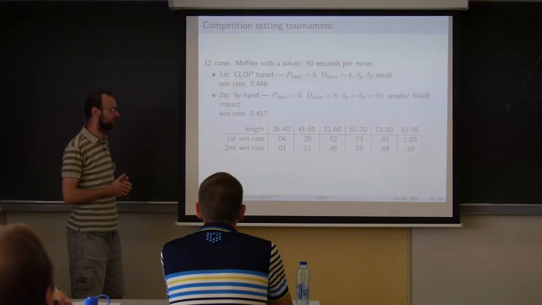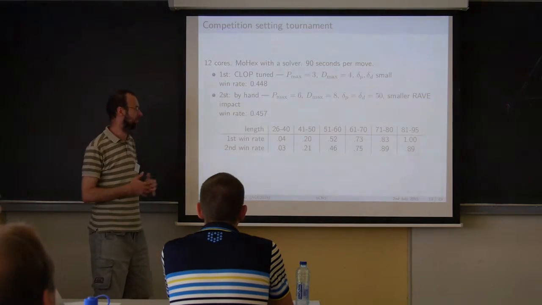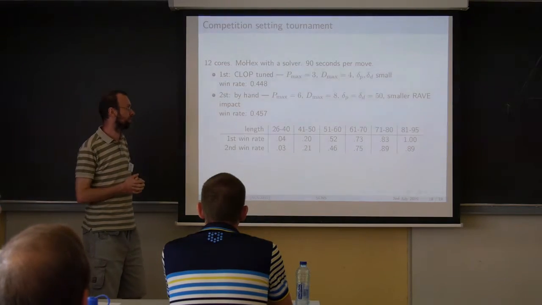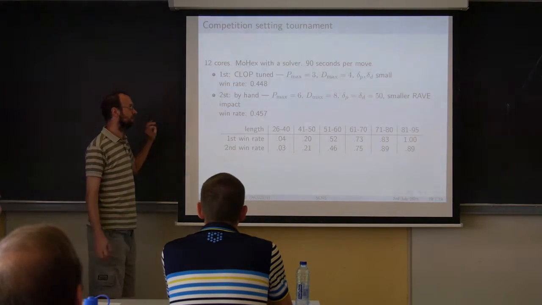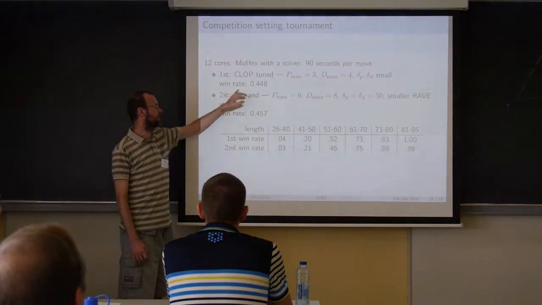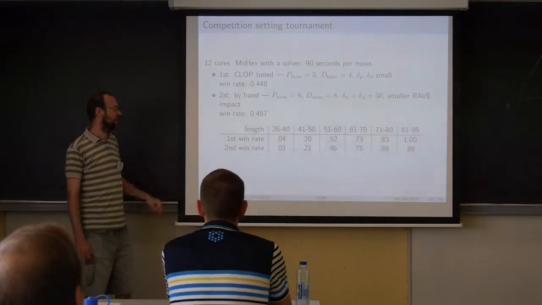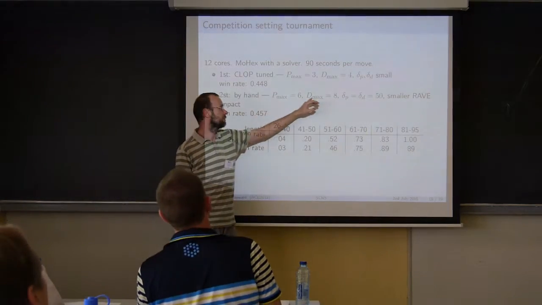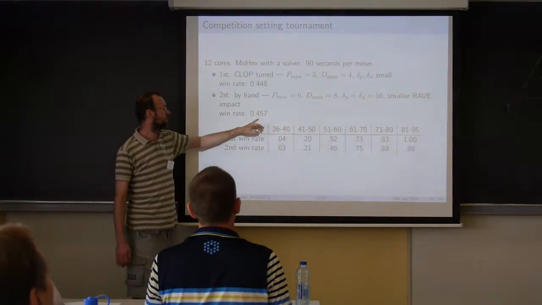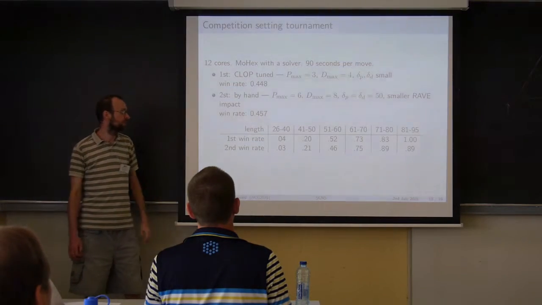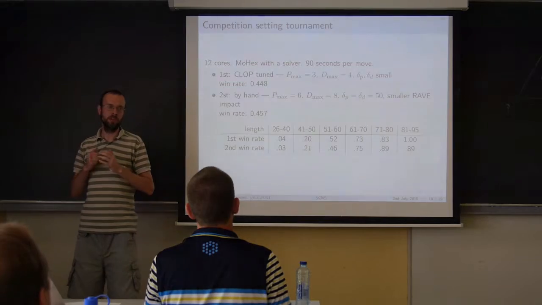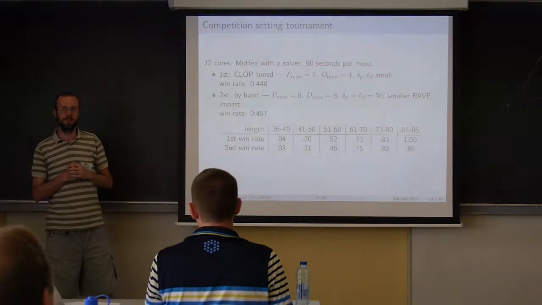As a starting point, MoHex is a heavily optimized program over the years, so we are just happy that after just a few optimizations we got such a winning rate. And as we spotted that these parameters were wrong, we increased them and we were able to get some higher winning rate. So we have to play parameters differently than by CLOP.